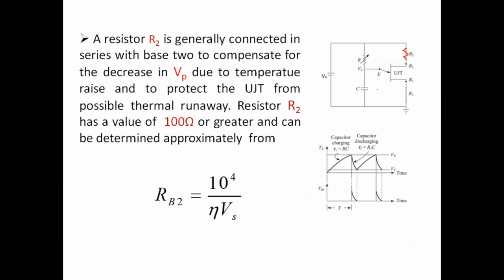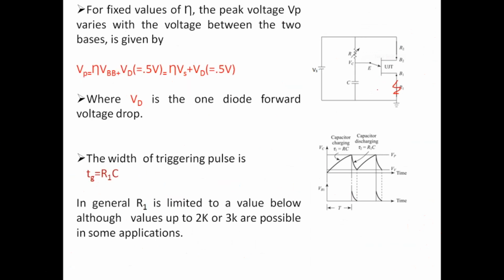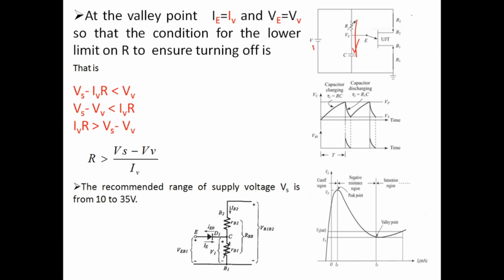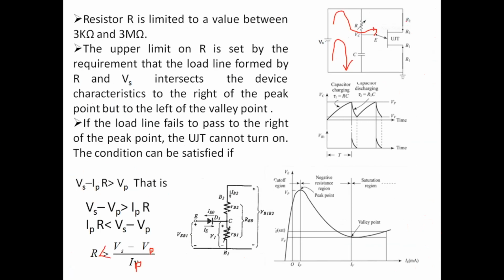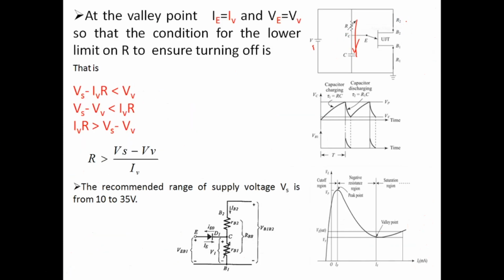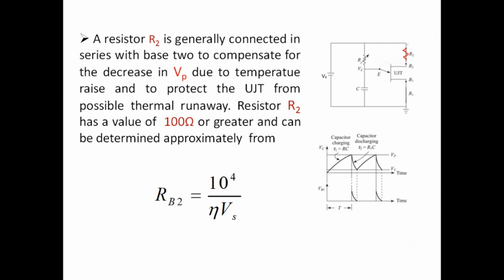Here Vp is, as I told earlier, eta into Vs plus Vd. Vd may decrease because of temperature, but this resistance value increases, so the drop across it also increases, and the current flowing to this part reduces a little bit.